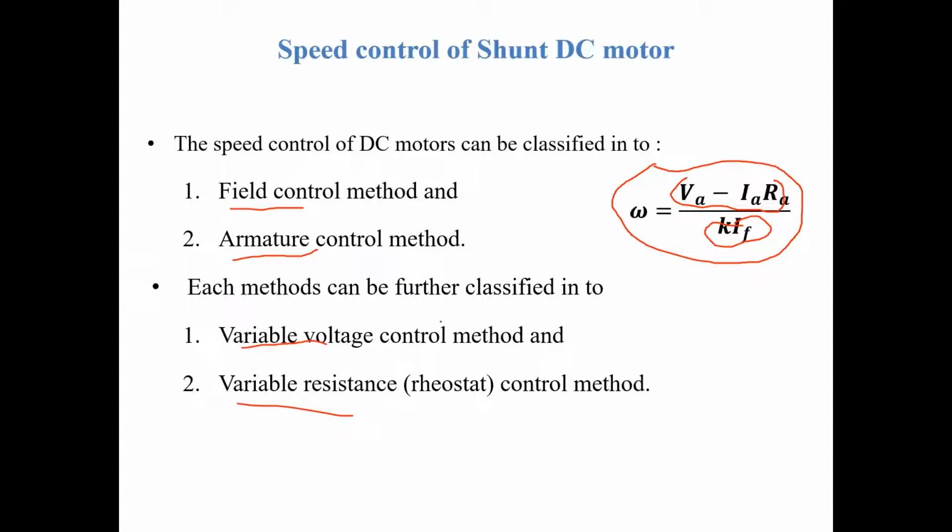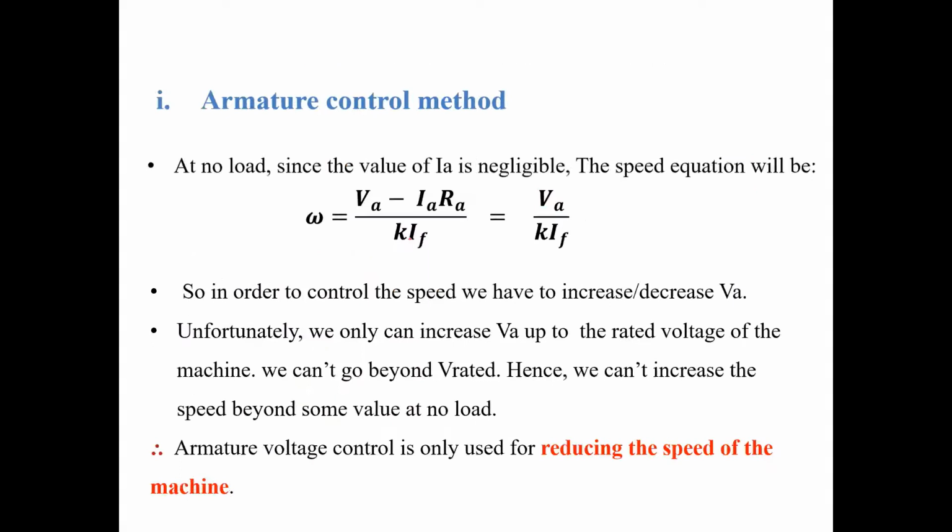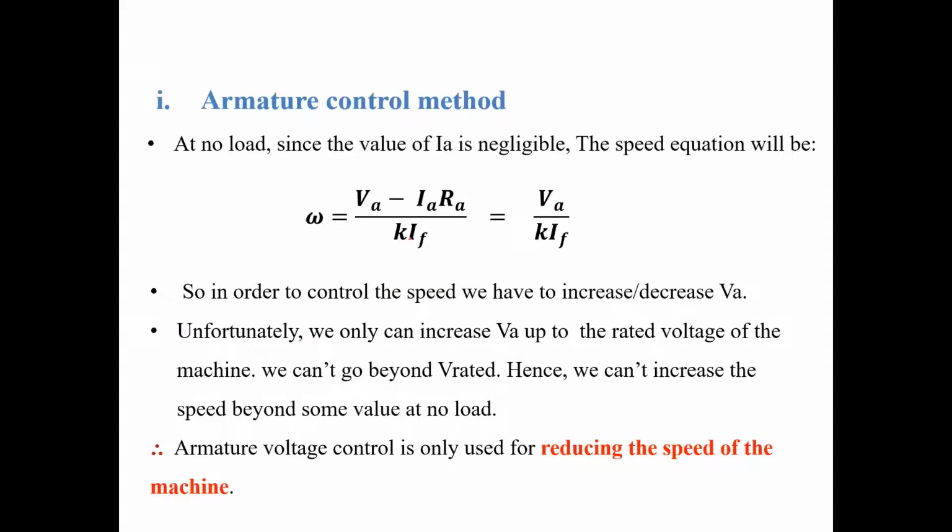So let us see the armature control method first. At no load, since the value of IA is negligible, because there is no load connected to the motor, the value of IA is very small.